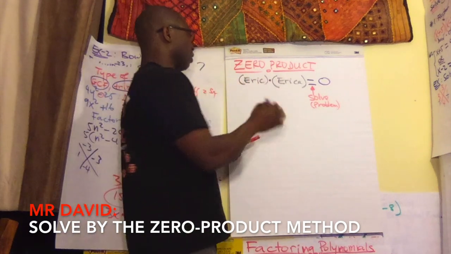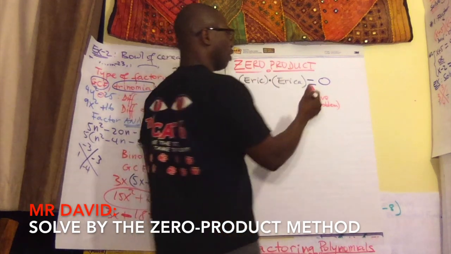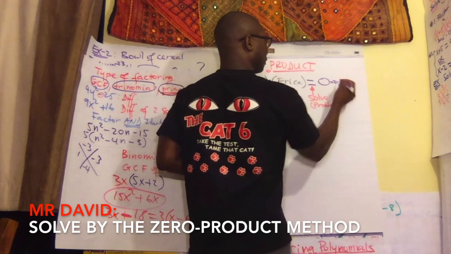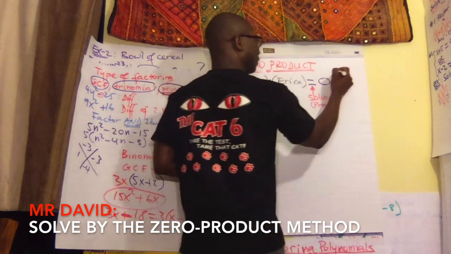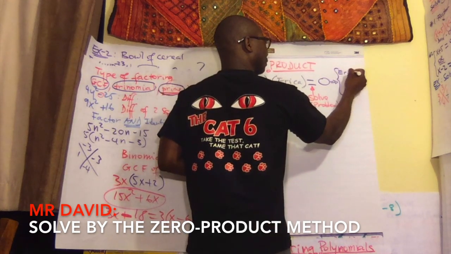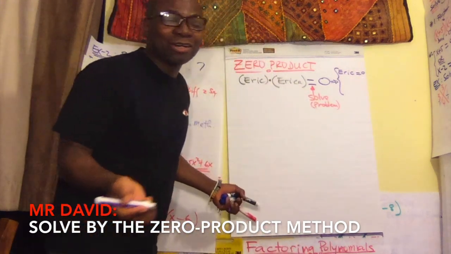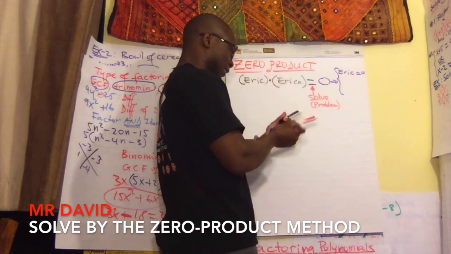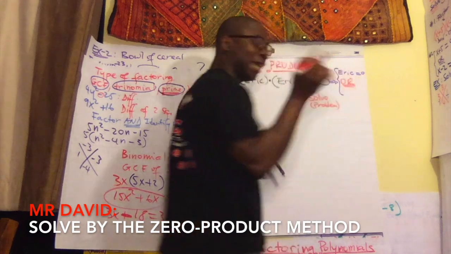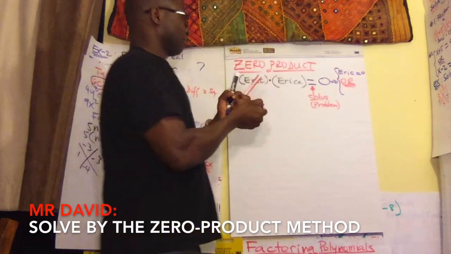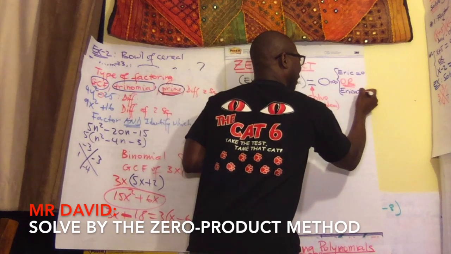We're going to say, if the product of these two scores is 0, what that means is maybe Eric's score is 0, or, not and, Erica is the one who got 0.